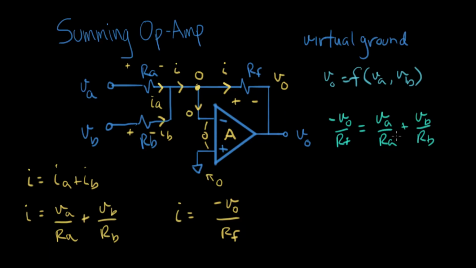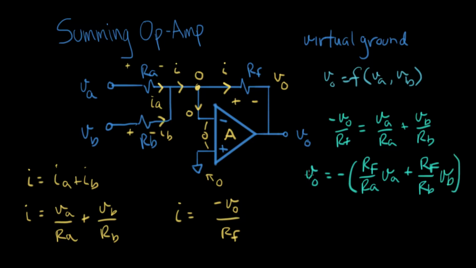I'm just going to multiply through by RF on both sides, and we get V out equals, taking the minus sign with us, minus RF over RA times VA plus RF over RB times VB. So that's our answer. That's V out as a function of VA and VB, the two inputs.